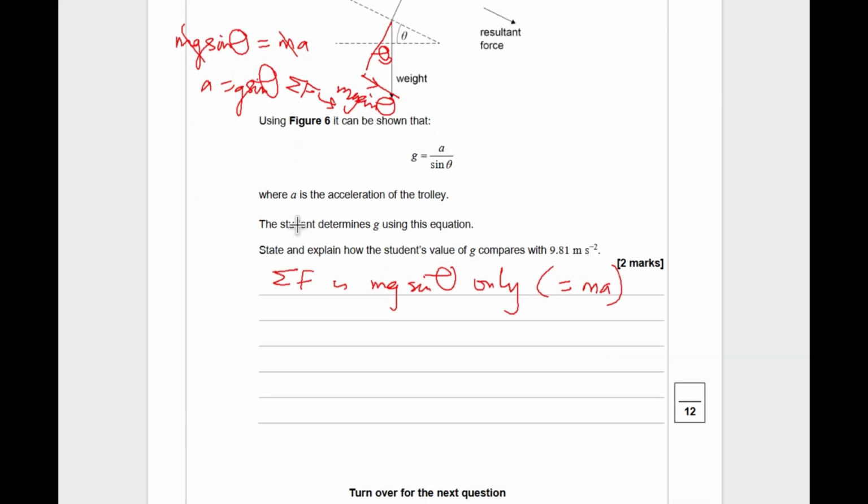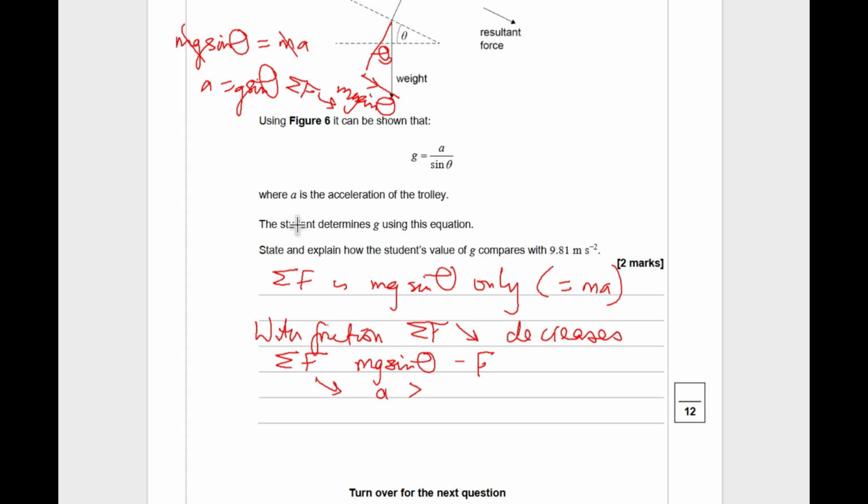So with friction, the resultant force down the slope decreases because now the resultant force is mg sine theta minus f. Okay, and because of that, the acceleration is now going to be less than 9.81. Okay, so that hopefully sums up this 12 marker.